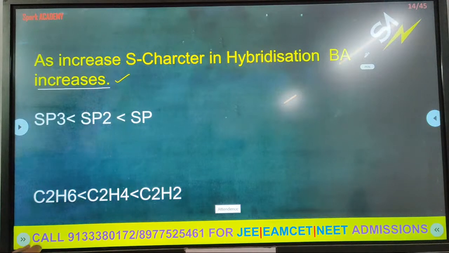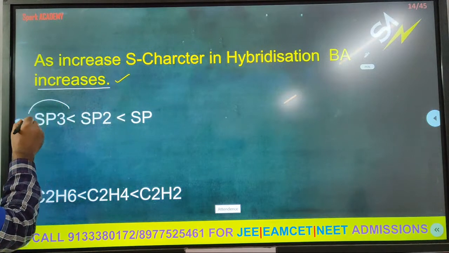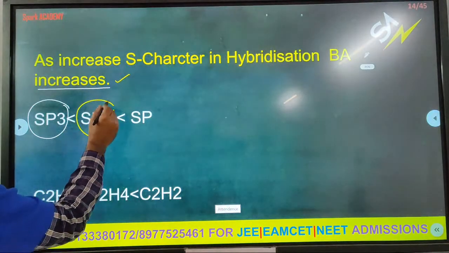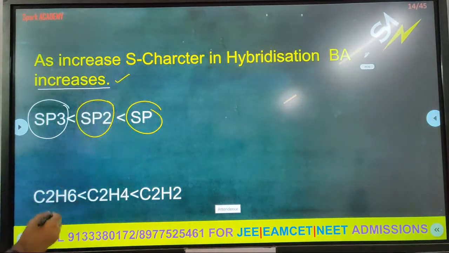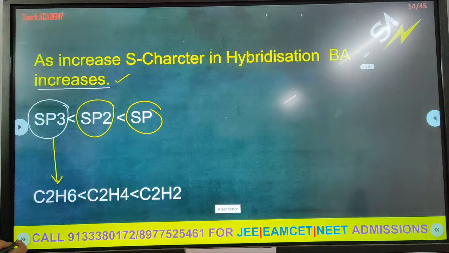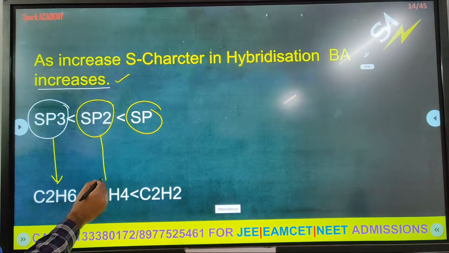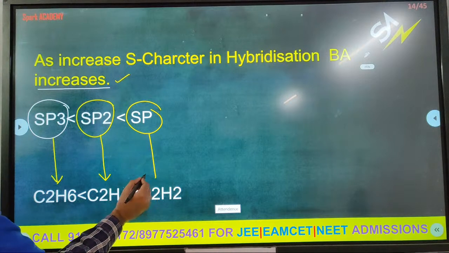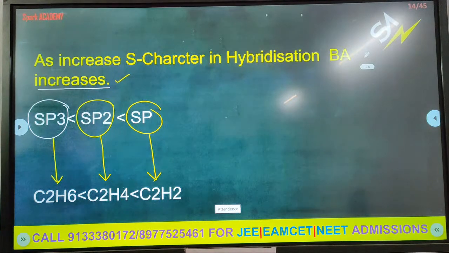See here. The hybridization, first one sp3, second one sp2, third one sp. For sp3, the example is C2H6. For sp2, the example is C2H4. For sp, the example is C2H2.